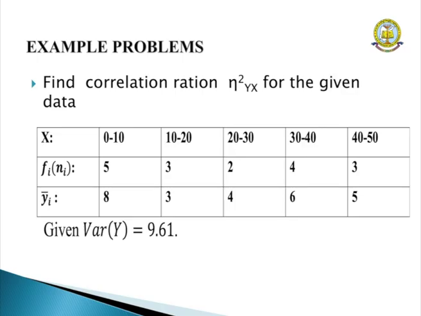Frequency is represented by fi, ni. The frequency values are 5, 3, 2, 4, 3. Now, the individual mean values yi bar are 8, 3, 4, 6, 5. The given variance of y is 9.61.